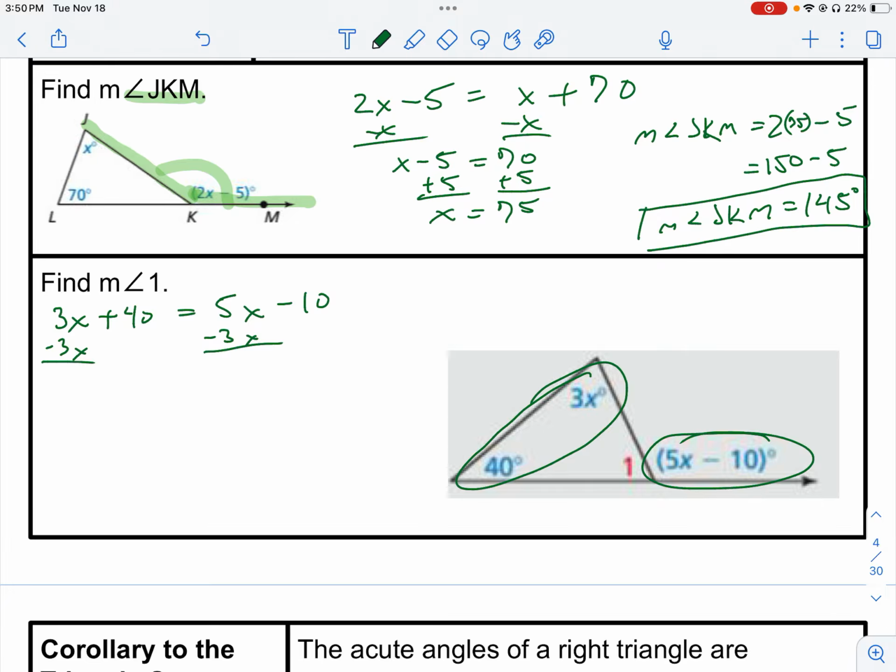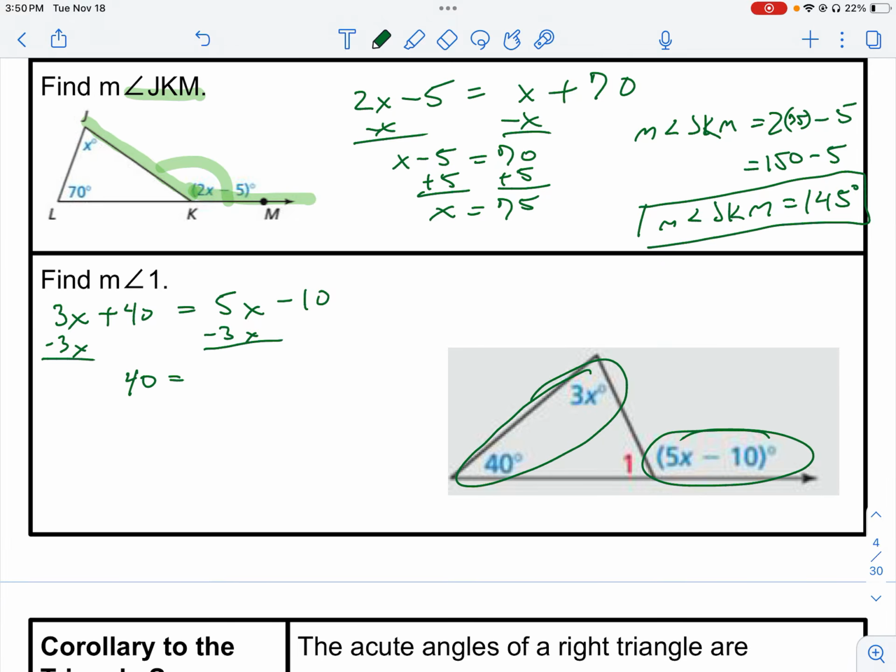So let's just do our handy dandy algebra. Put the x's by itself. And we're going to find out that x equals 25. Well, we're not done yet. So now we got to plug it in.